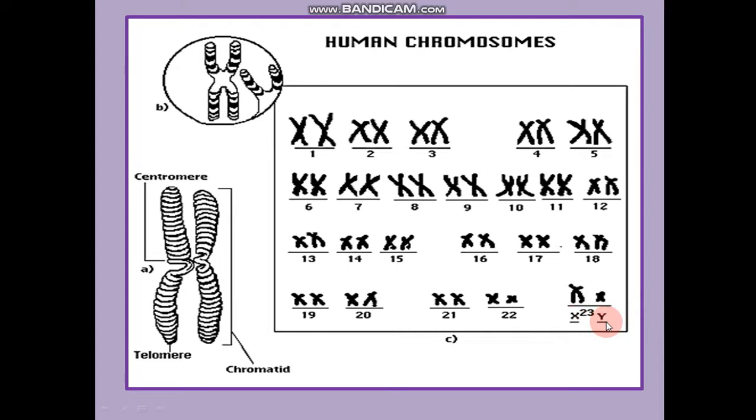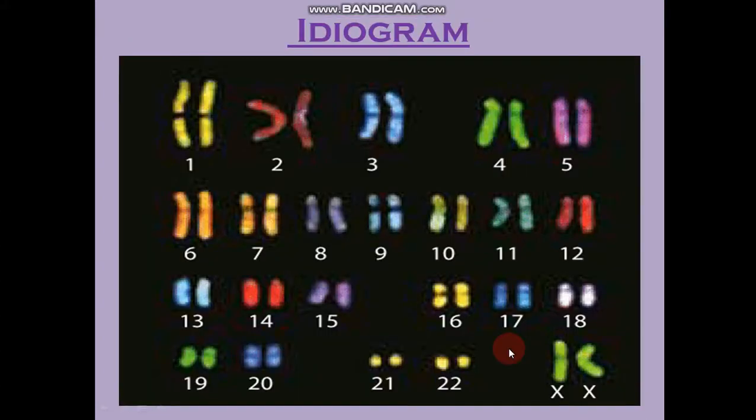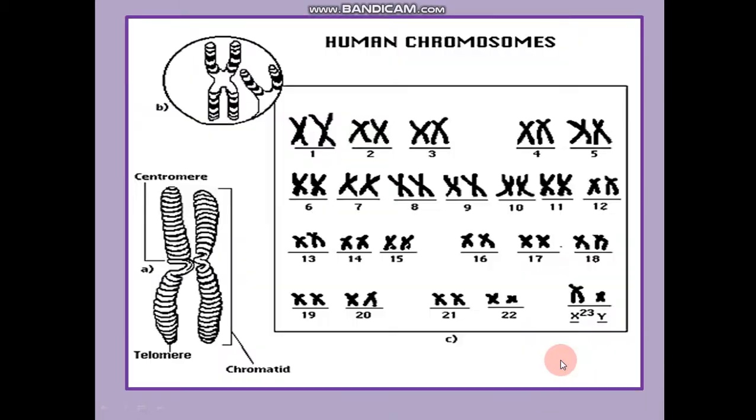You can see the size difference: the X chromosome is larger as compared to the Y chromosome. Clear? Compare it with the earlier ideogram, which belongs to a female individual because it has both X chromosomes present. But here you can see one X and one Y, so this ideogram belongs to a male.